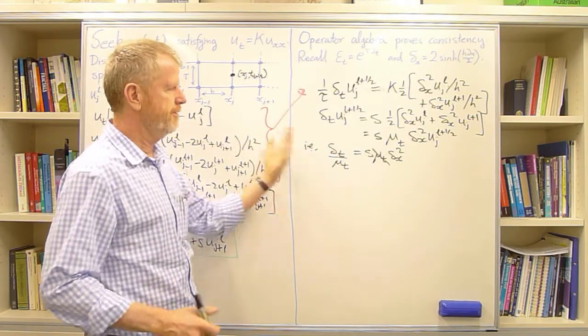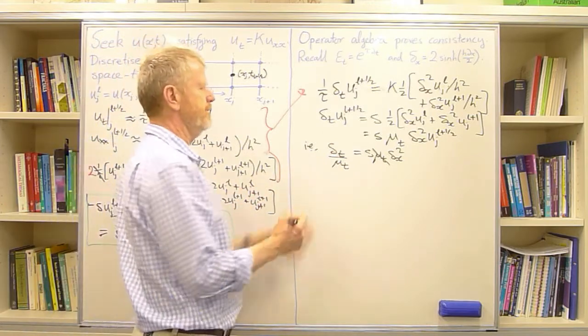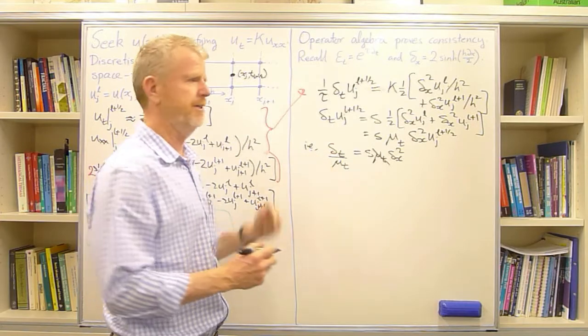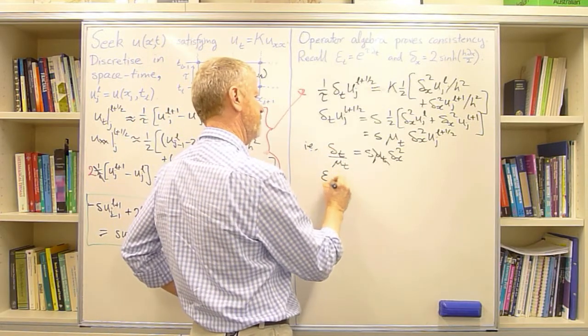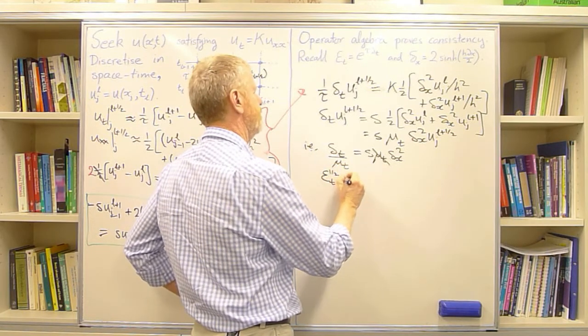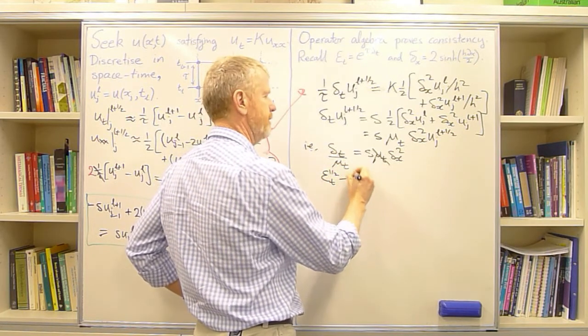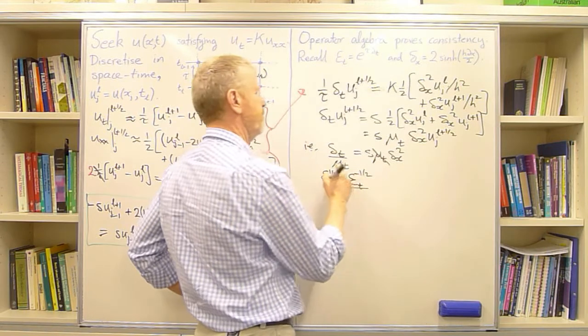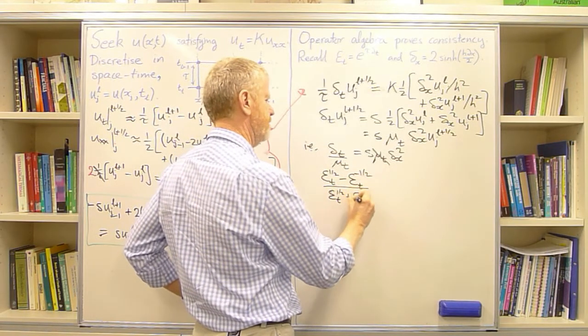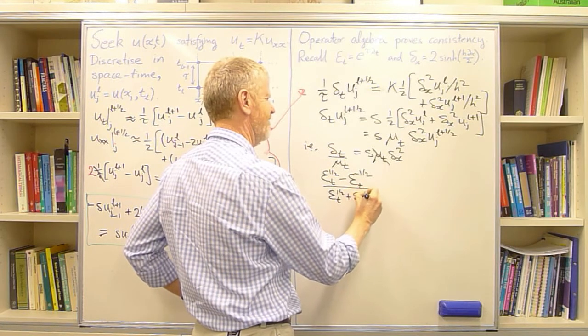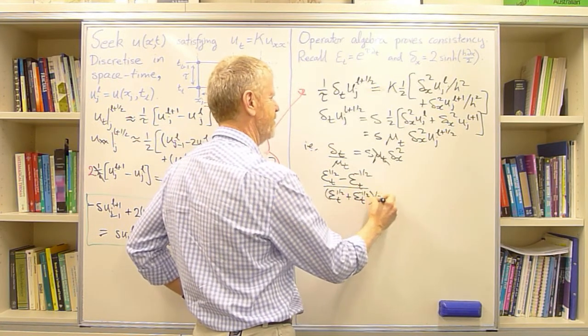Let's try and write it in terms of more familiar operators, such as the shift operator in time. So, delta t is the shift operator to the half minus the shift operator to the minus a half. Mu t is the shift operator to the half plus the shift operator to the minus a half, divided by 2.